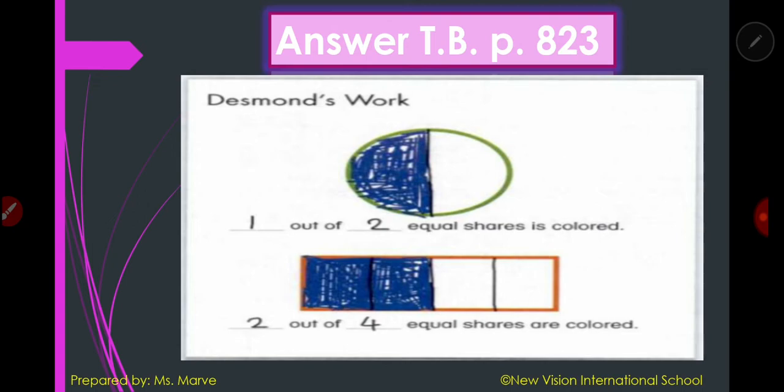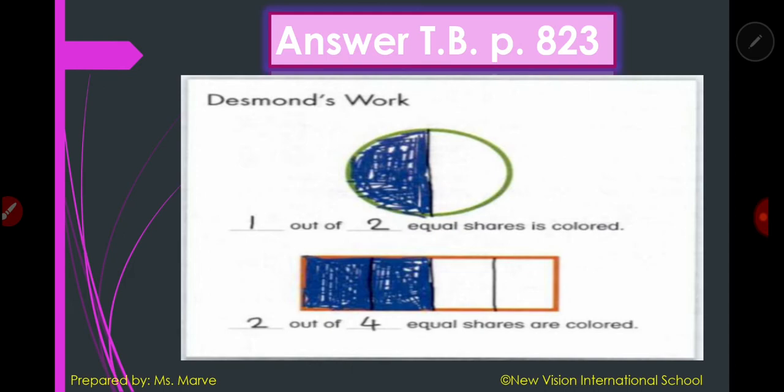Desmond started by dividing his rectangle into 2 equal shares. He knows that 4 is 2 plus 2, so he divided each of those shares into 2 equal shares. Okay, always remember that you have divided shapes into 2 and 4 equal shares.